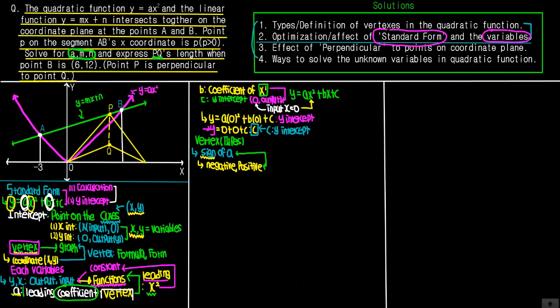So let's erase this a little bit for our spaces. And the first case will be when our a value, and what is the a value again? It is our leading coefficient. When the a value is positive, which means when it is greater than 0, the graph will open upward. When it is greater than 0, the graph of a quadratic function will always open upward according to its property, as we have learned in lots of videos.